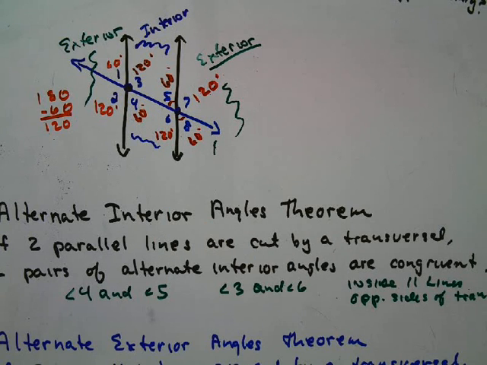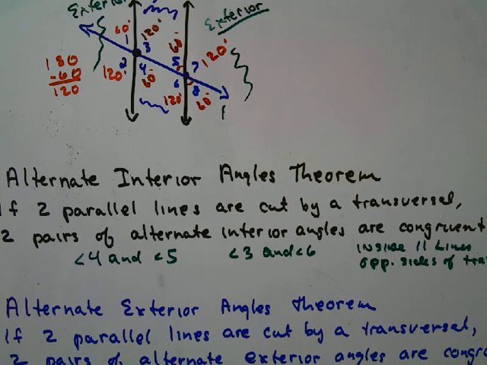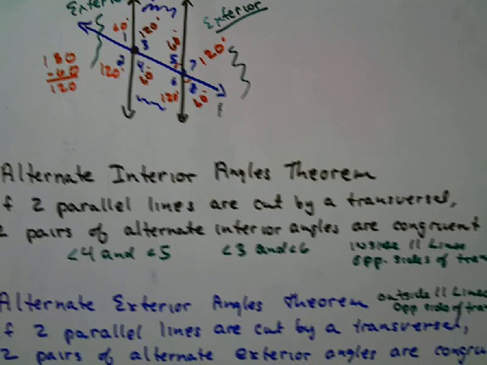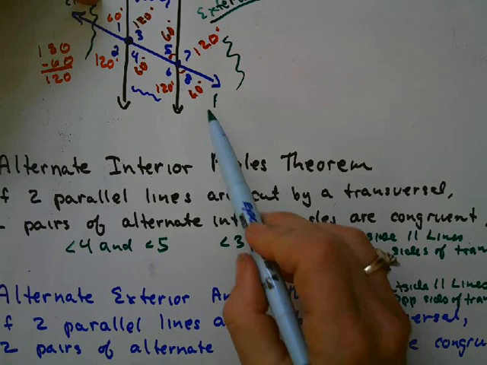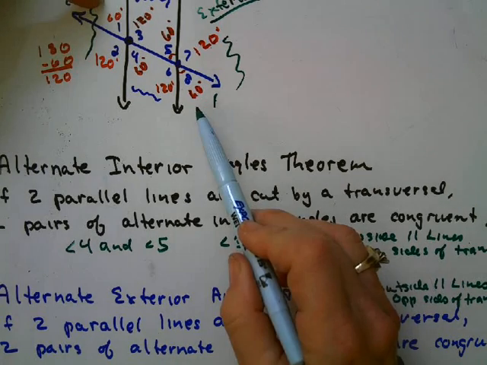What about alternate exterior angles? For that, we're going to look at outside the parallel lines and opposite sides of the transversal. Okay, that's going to be alternate exterior. So we look at outside the parallel lines. We got 1 and 8. They're both 60 degrees. 2 and 7.